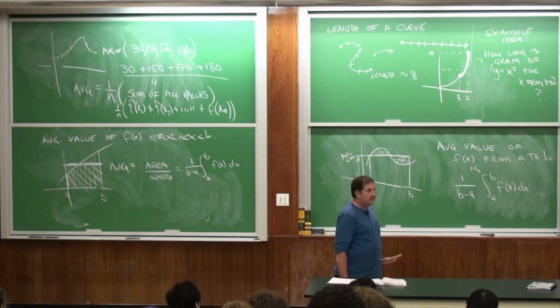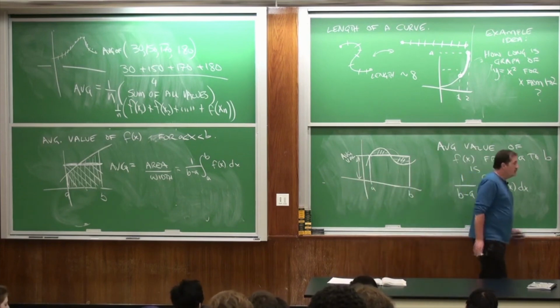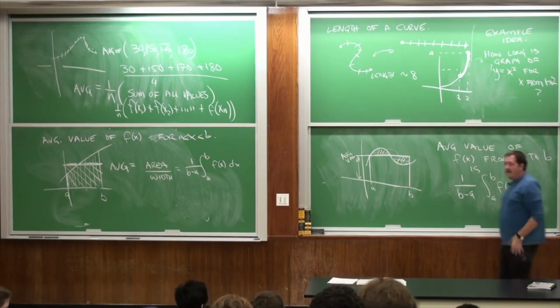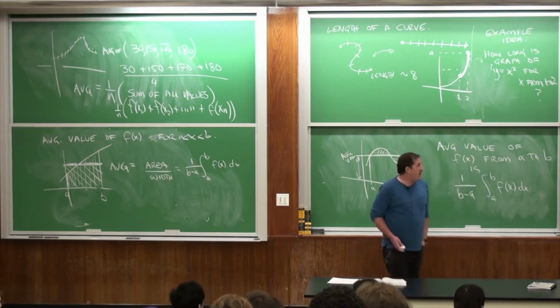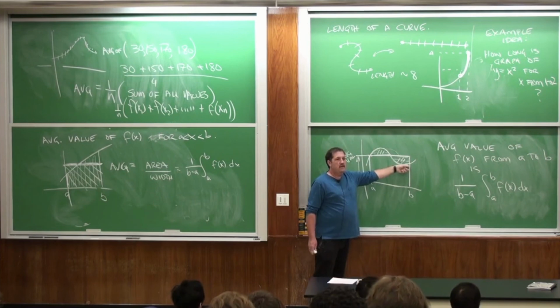But one fact that is useful in several applications is this mean value theorem. So it's mathematically useful. It says that if I have a nice function that goes from here to there, there's always a point that takes on the average value.